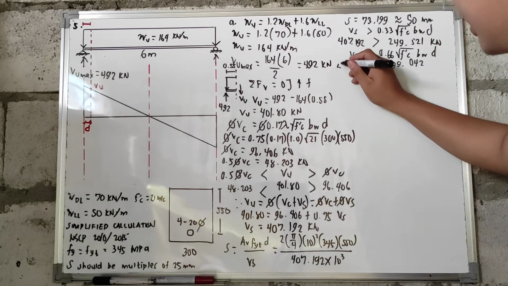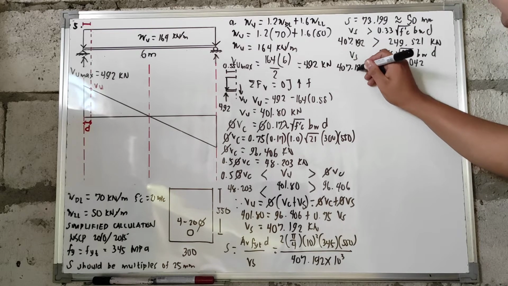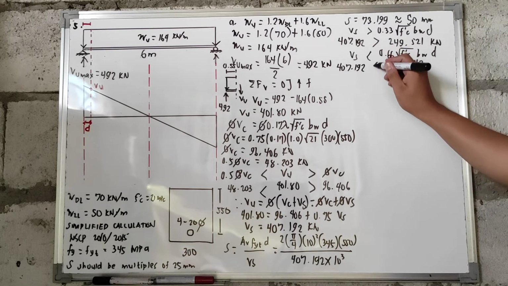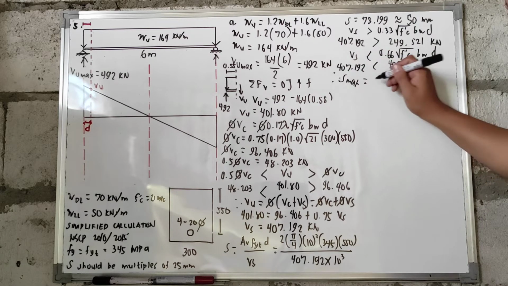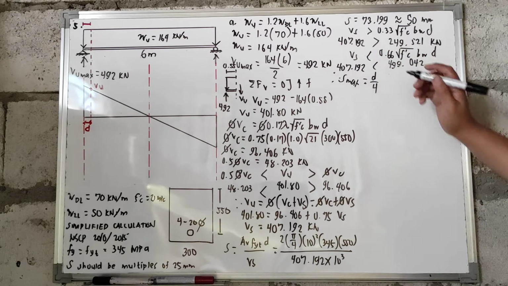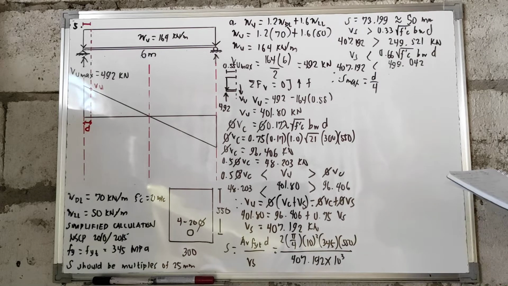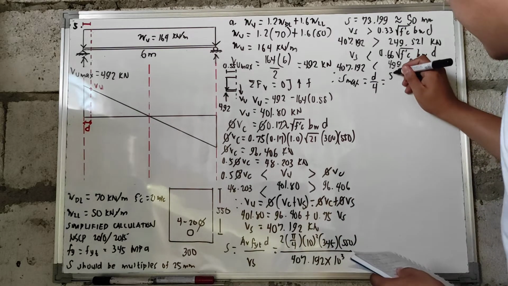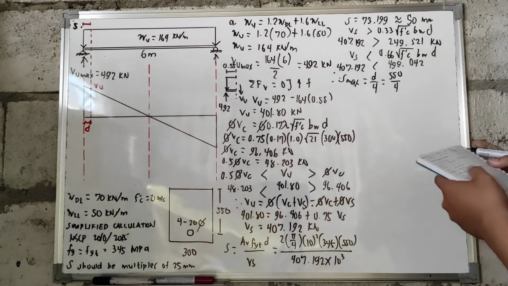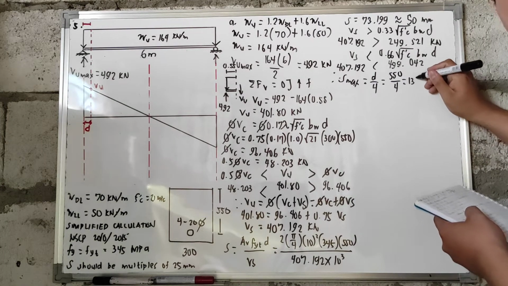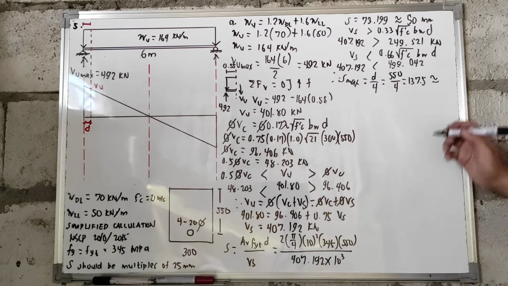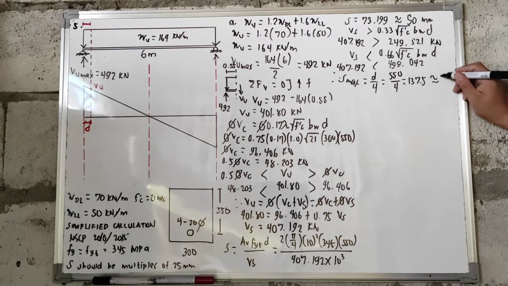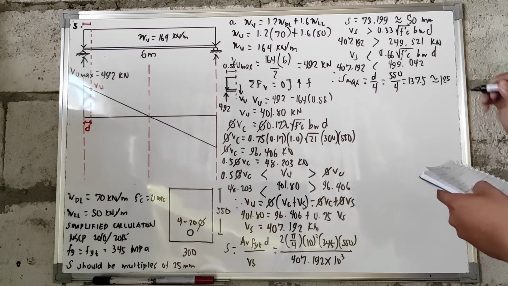Iko-compare natin siya sa VS na 407.192. So, since less than yan, so the value of your S max now, since satisfy yung condition, that is D over 4. So, ano yung D natin? That is 550 over 4. So, that is equal to 137.5. I-round down natin to the multiples of 25 mm. So, that will be equal to 125 mm.